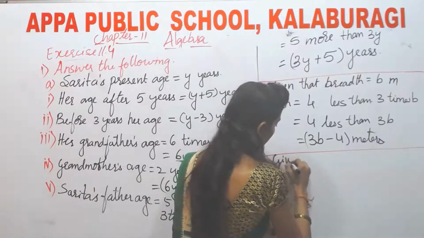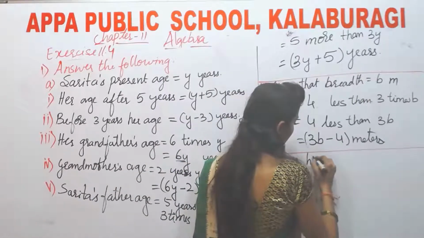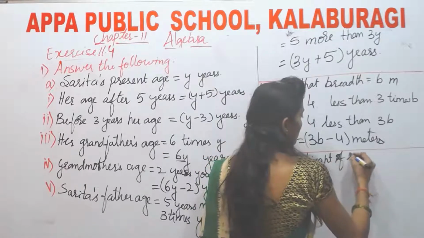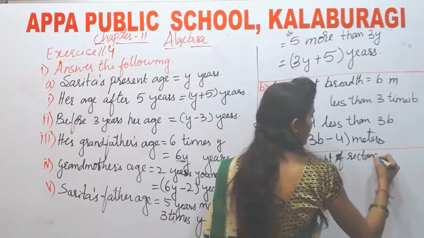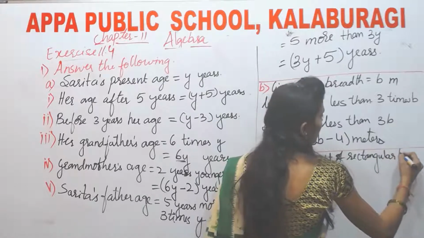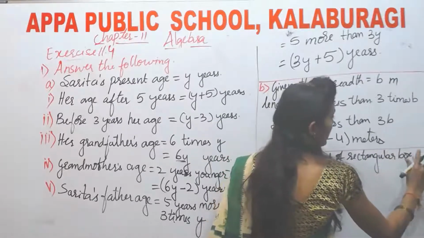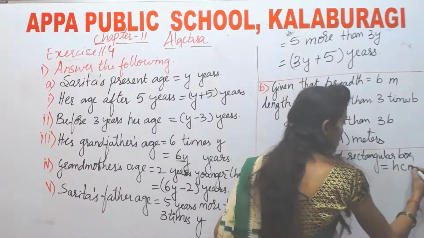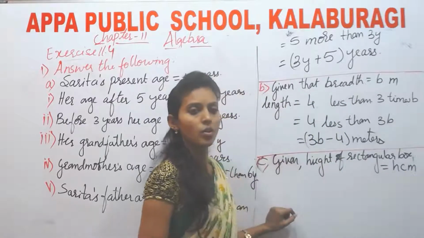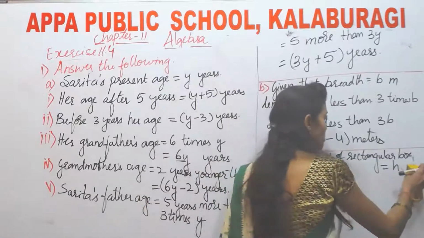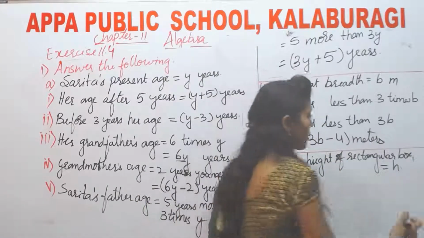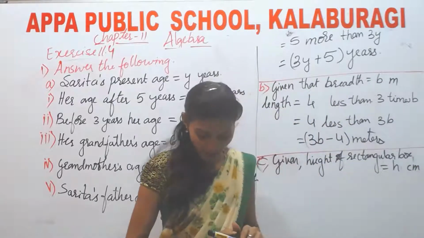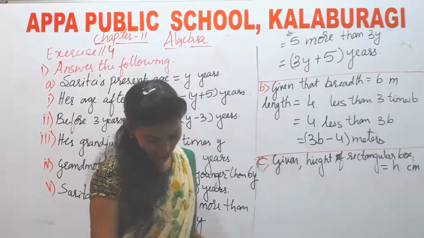Given height of a rectangular box is h centimeter. Again, don't get confused about what is meant by h here. Then what they asked?